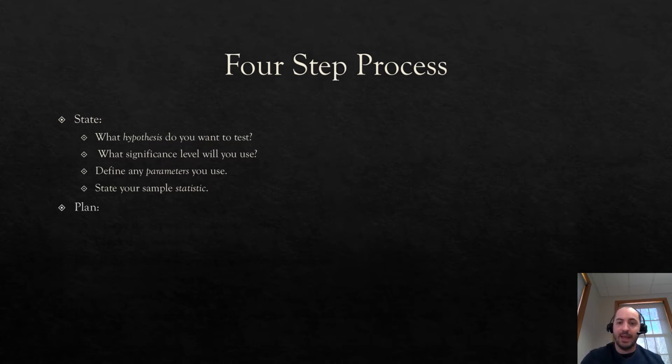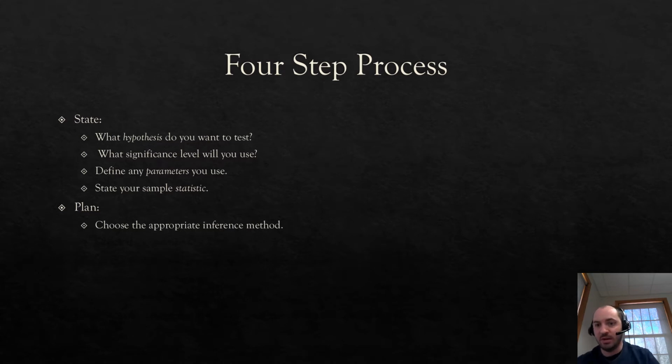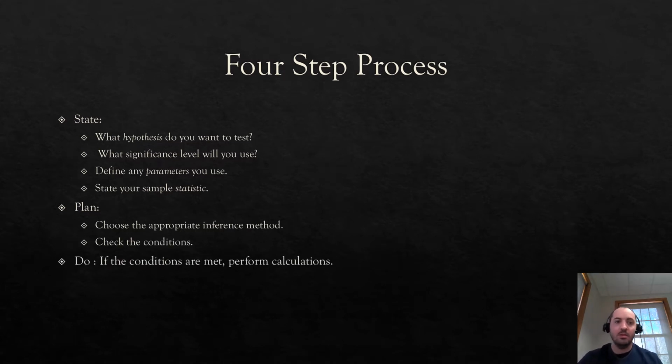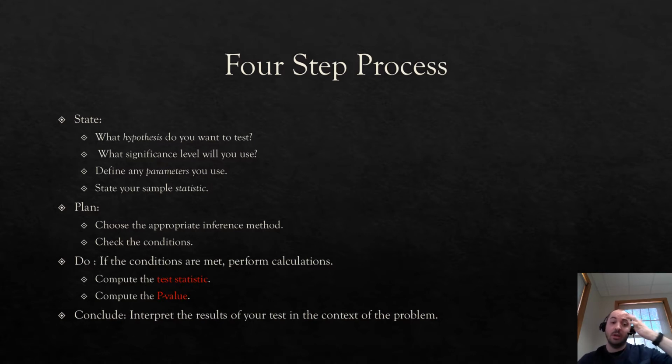Then the plan phase, just like before, is choosing an appropriate inference method and checking your conditions. The do is, if the conditions are met, perform your calculations, which are a test statistic as well as a p-value. And then conclude: interpret the results of your test in the context of the problem. So this is very similar to confidence intervals. Let's look at an example.